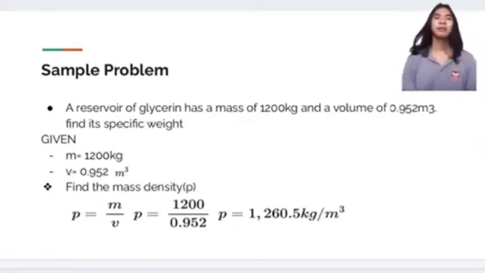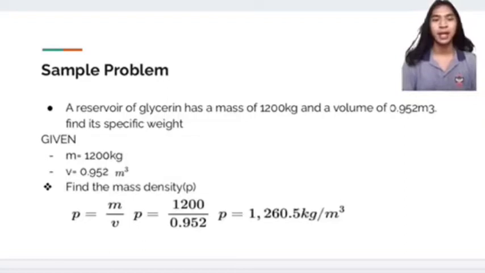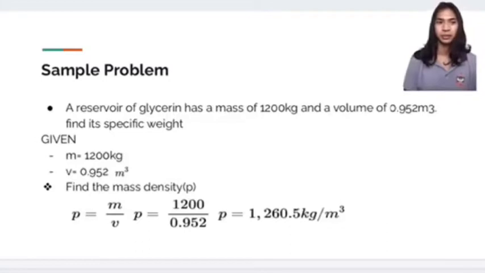Another sample problem, a reservoir of glycerine has a mass of 1,200 kilograms and a volume of 0.952 cubic meter. Find the specific weight. The given mass 1,200 kilogram and the volume is 0.952 cubic meter.